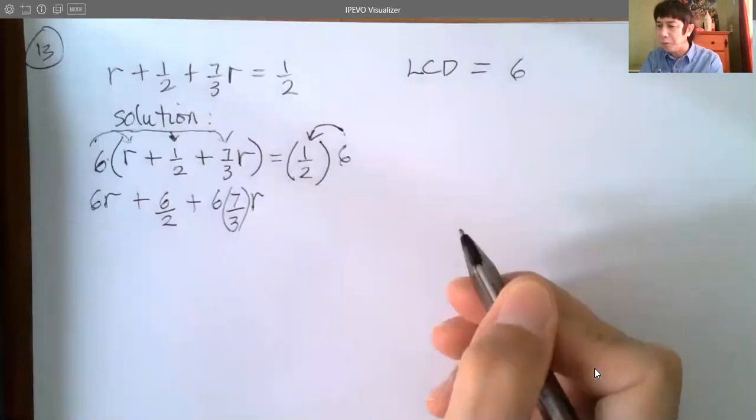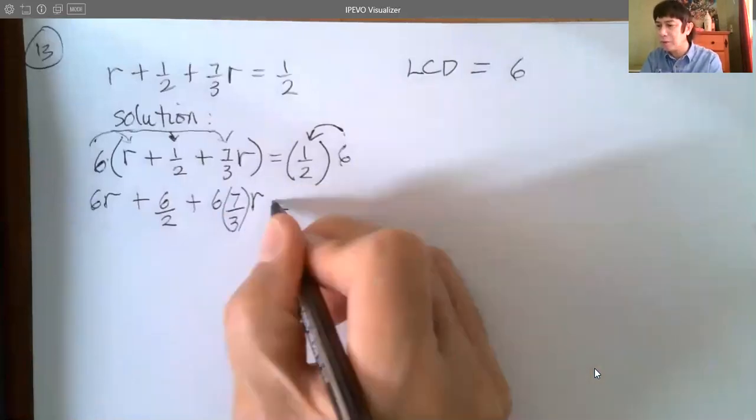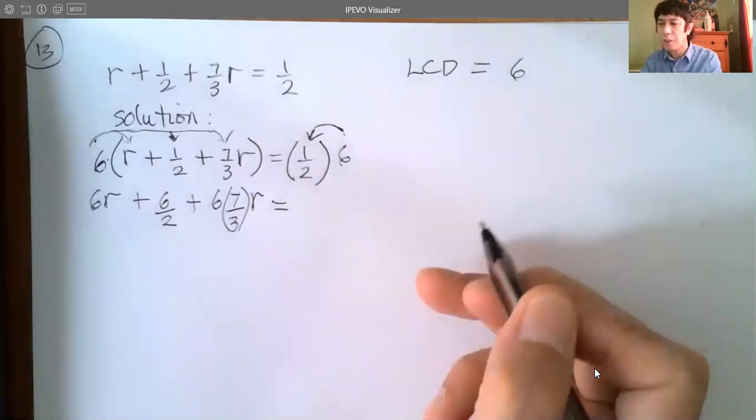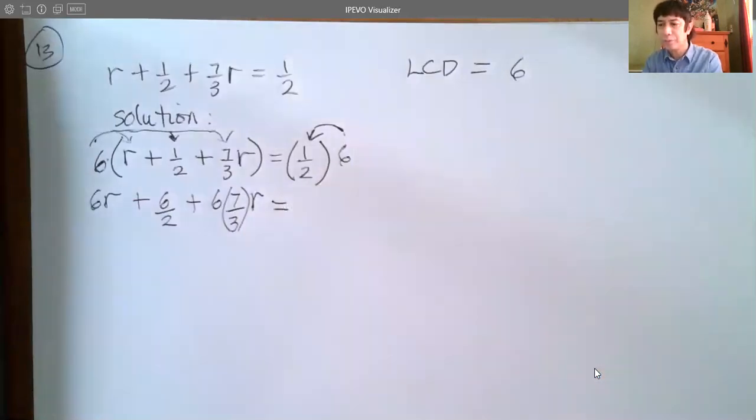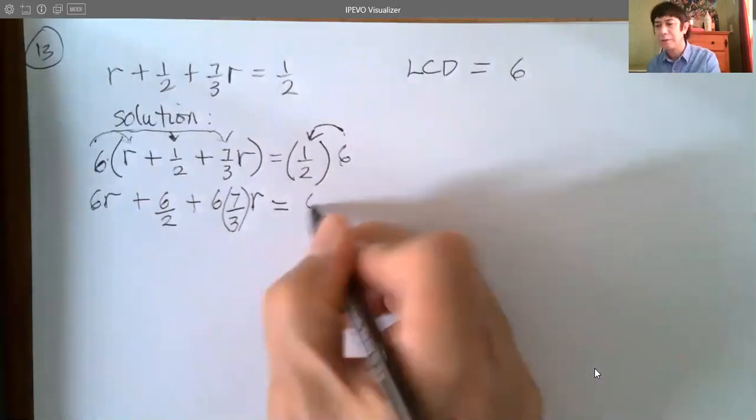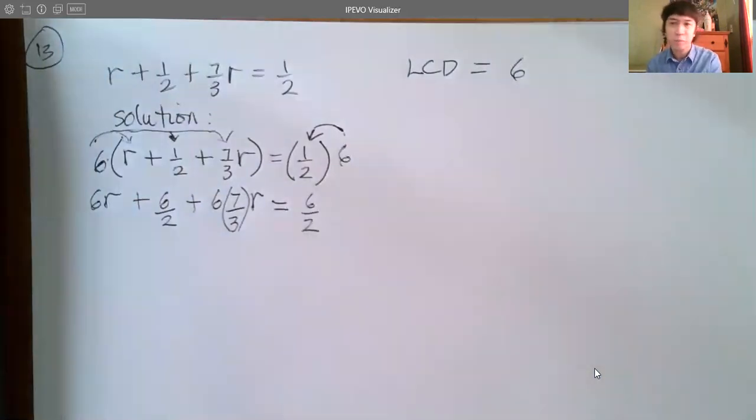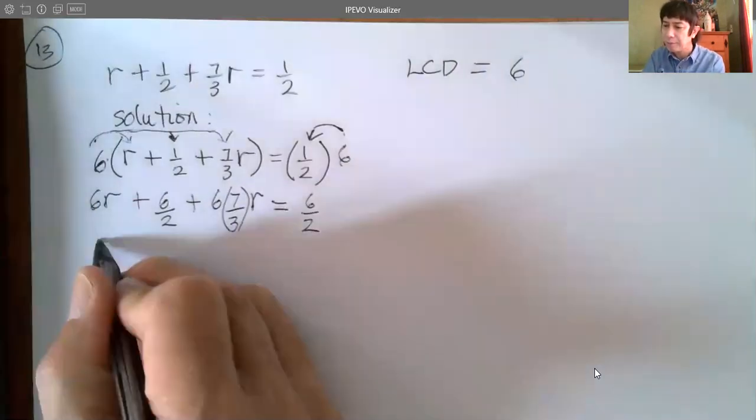And then we proceed to the right side of the equation. This 6 times 1/2 will be 6 times 1, that's 6/2. And then we will be doing simplifications here. Now, the terms to be simplified are those with fractions. So you see this 6R will remain 6R.